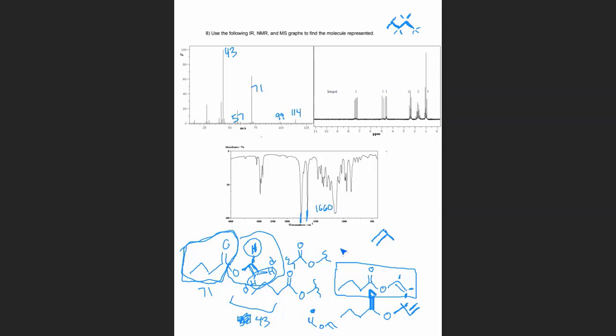Another thing you can use to eliminate benzene is that you would expect a mass spec peak of M minus 77, since the mass of benzene is 77. Given that you don't see that, that also eliminates benzene from your options.